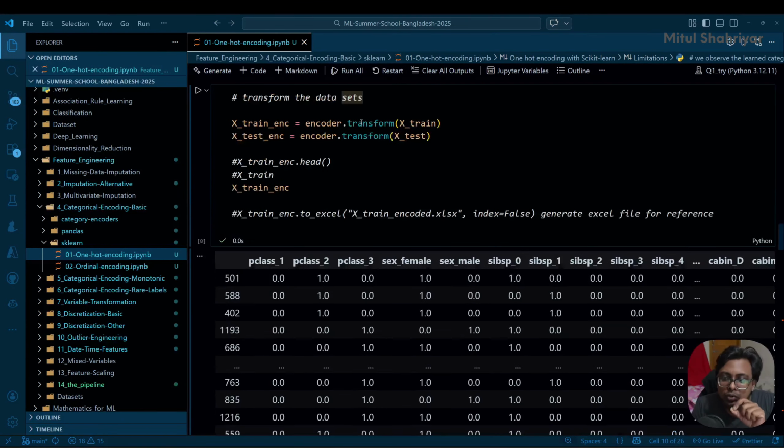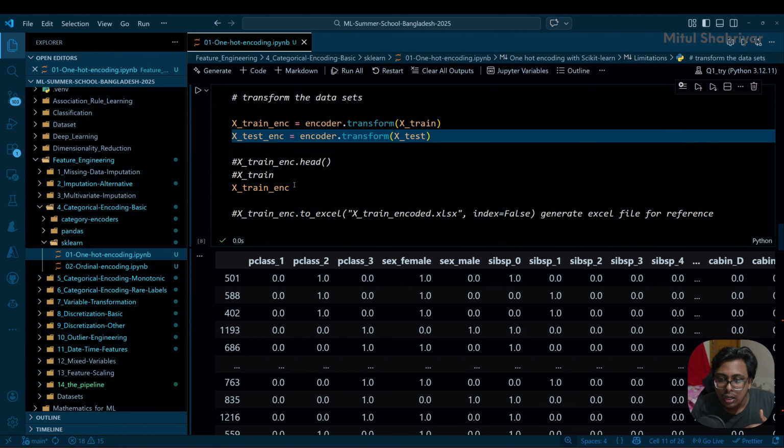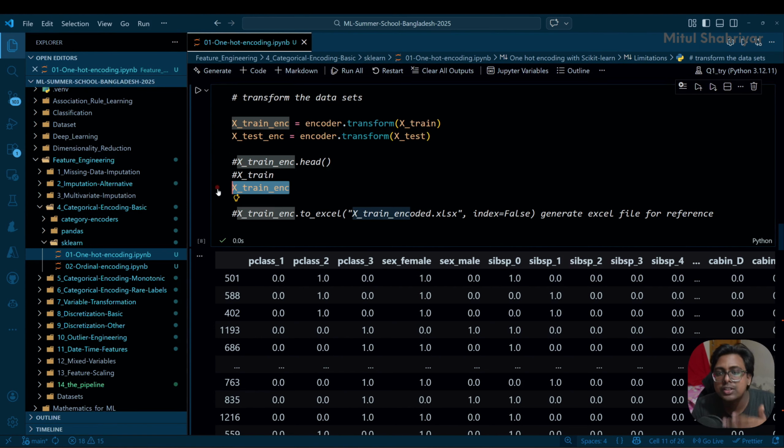Once we've used the encoder, which is one-hot encoding, we can see the training data, and here you can see the training encoder values. The P class has been converted to three unique columns now. For value 1, I don't know what it is specifically.